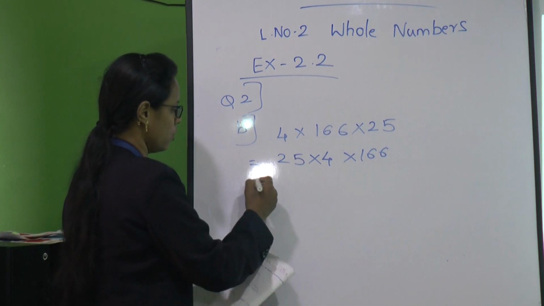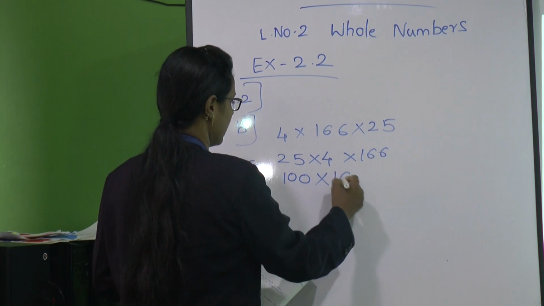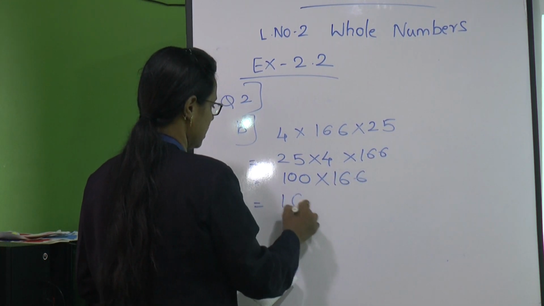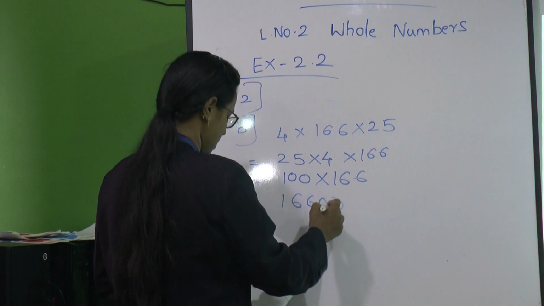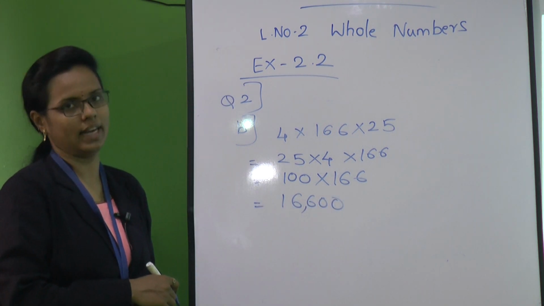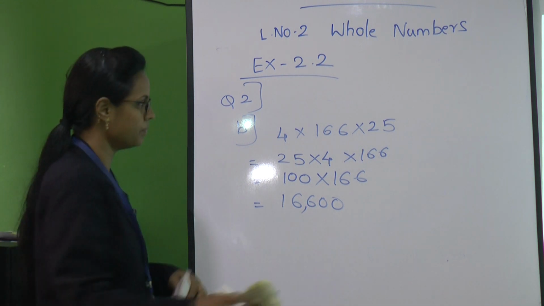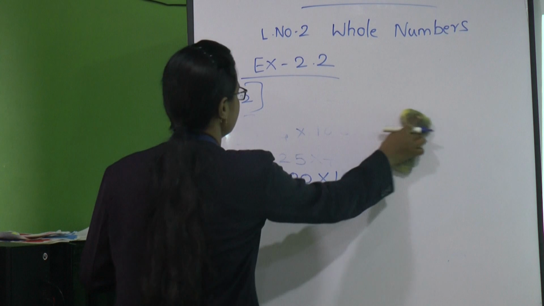So, 25 into 4 is 100 into 166, we get the answer 16,600. Okay. Let us solve one more example of the same question.